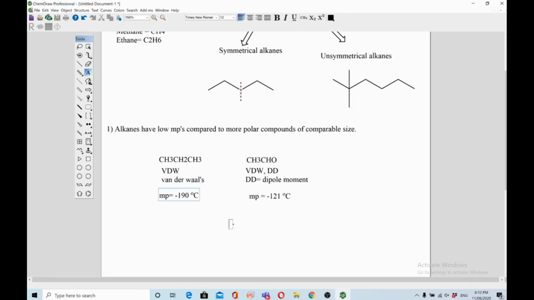So you see, minus 190 is much less than minus 121. Even though both compounds have a similar size, there is a difference in polarity between these two, and hence the melting point is affected by the polarity. Compounds that are more polar are going to have a higher melting point, and compounds that are less polar are going to have a lower melting point, as you can see in this example.